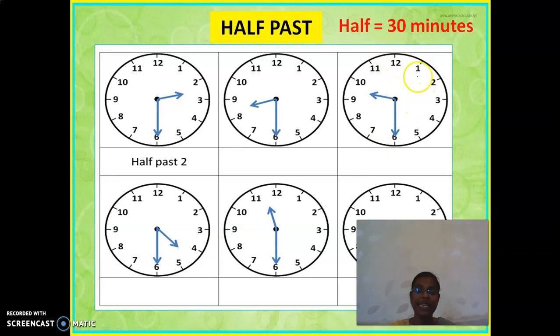For each number, from 12 to 1, from 1 to 2, you can see 5 lines between the numbers. That's why we are skip counting by 5. So when I calculate 5, 10, 15, 20, 25, 30, half means 30 minutes.